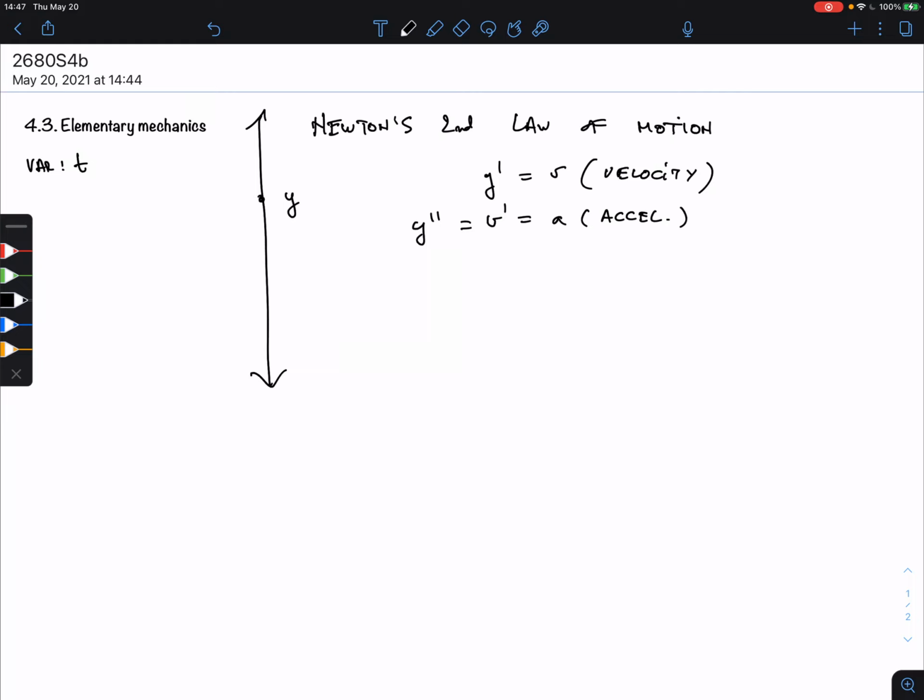Now, this object will have a certain mass, because that also matters.